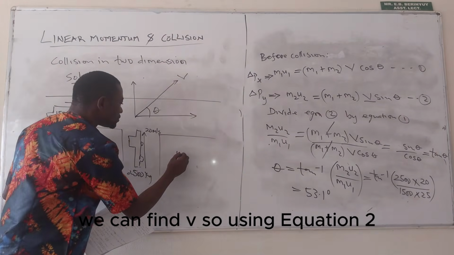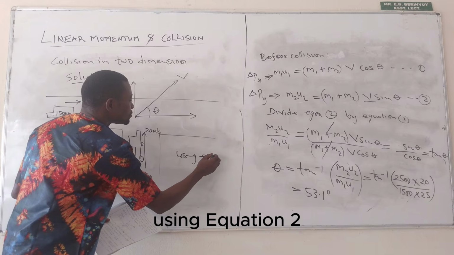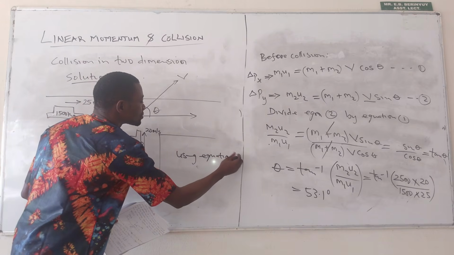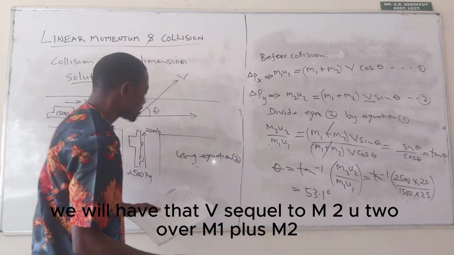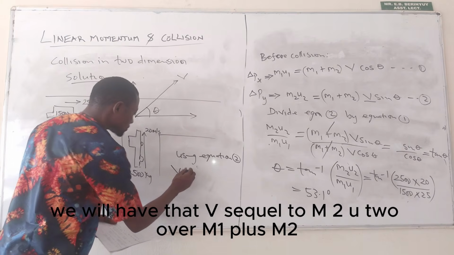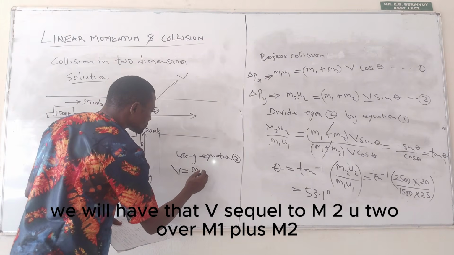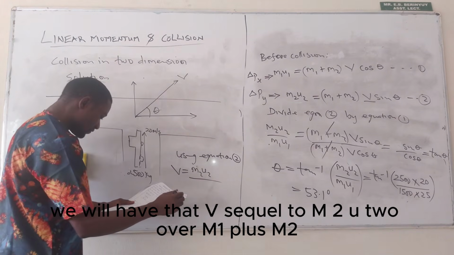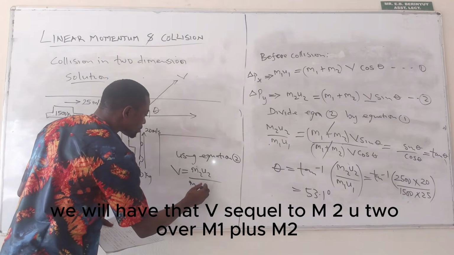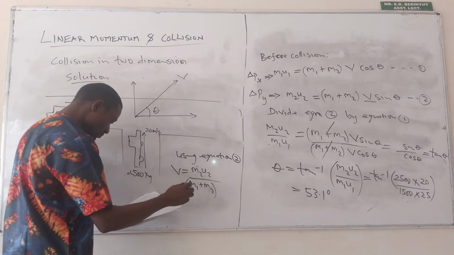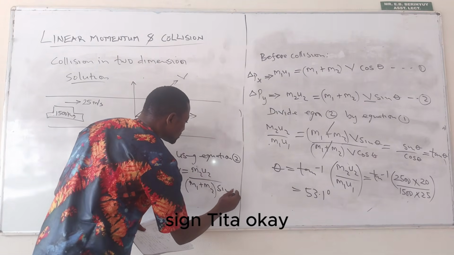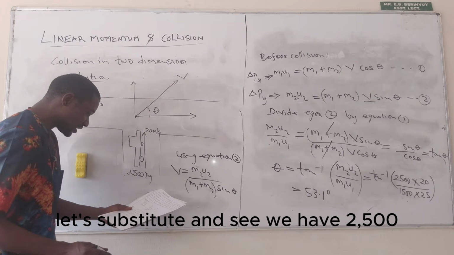So using equation 2, we will have that v is equal to m2 u2 over (m1 plus m2) sine theta. Let's substitute and see.